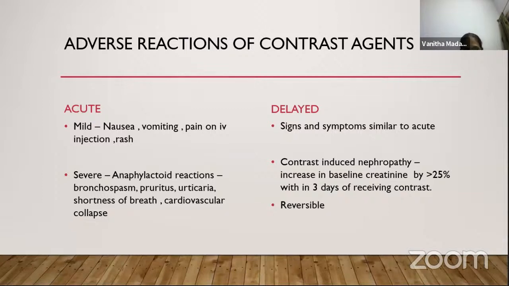Most of the signs and symptoms will be milder than the acute reactions. One important delayed adverse reaction is contrast-induced nephropathy, where we can see an increase in baseline creatinine by greater than 25% within 3 days of receiving contrast. Even though it is a reversible adverse reaction, it prolongs the patient's hospital stay and the patient might need dialysis sometimes.